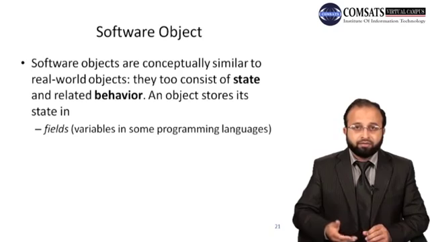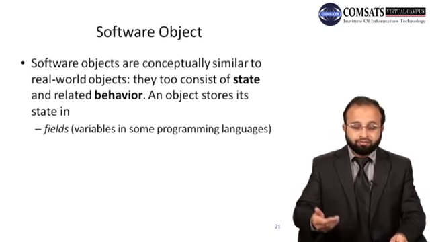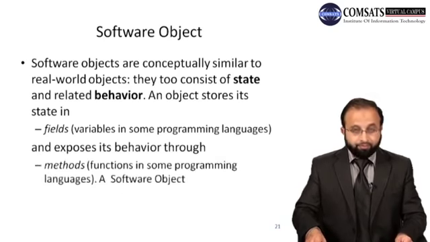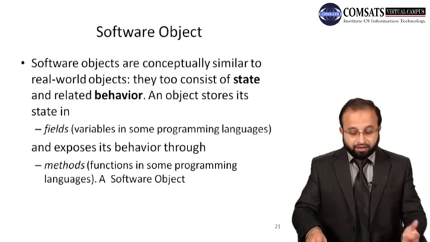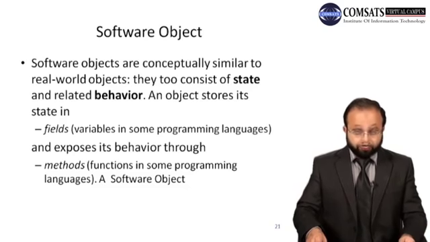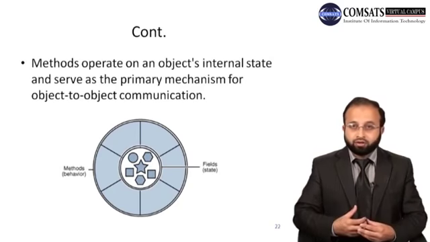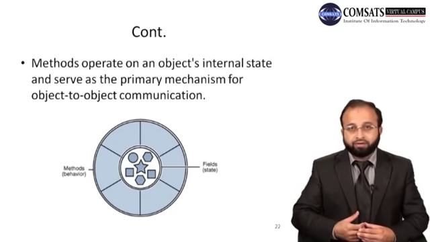Like in C language you have variables, so you represent fields by using variables, and it exposes its behavior through methods, that is functions in some programming language, and in C language it's also a function. So a software object is basically composed of fields or variables and functions.